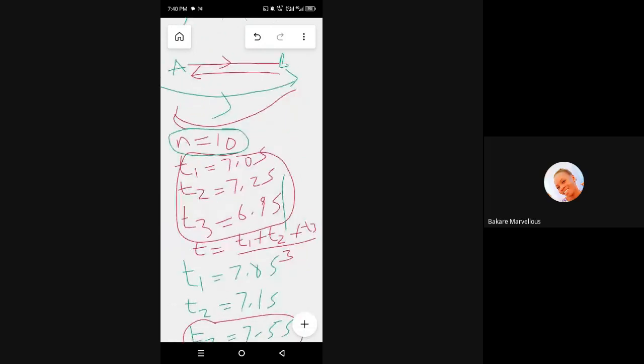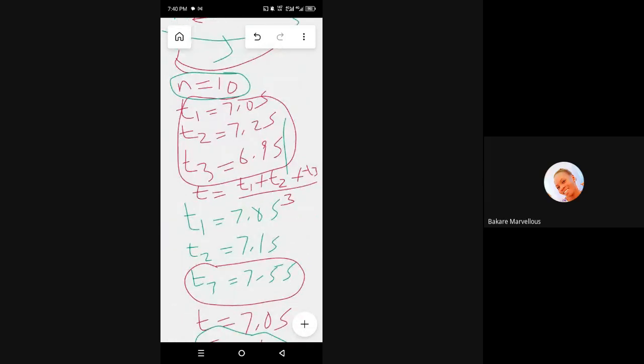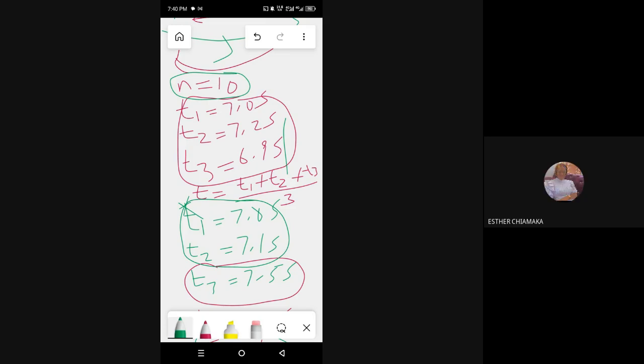And if you are using only T1 and T2, how will you get the average? T1 plus T2 over 2. Good, good.